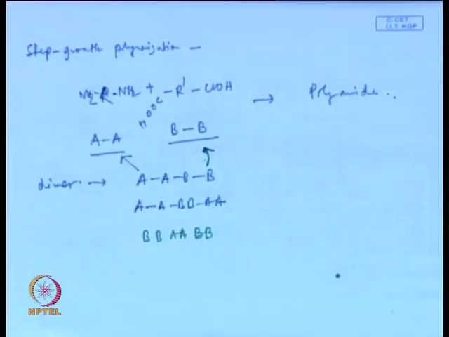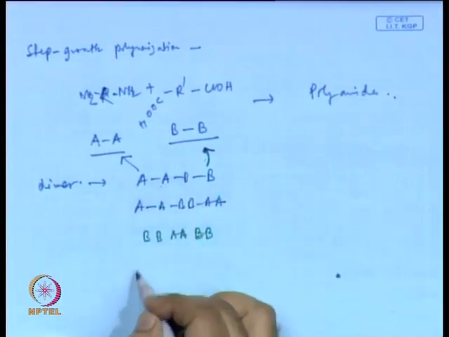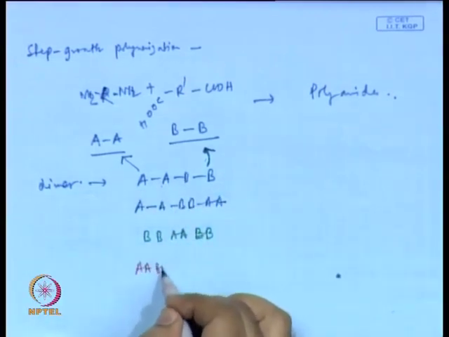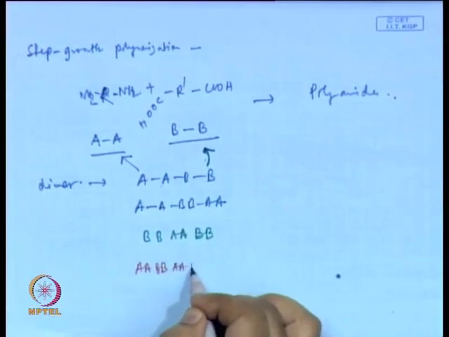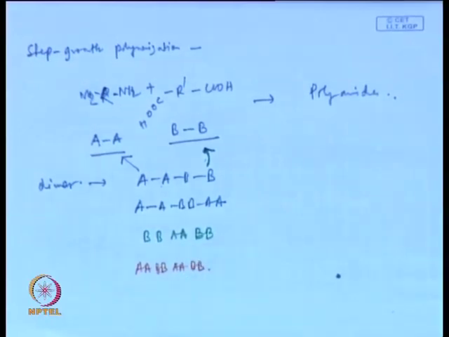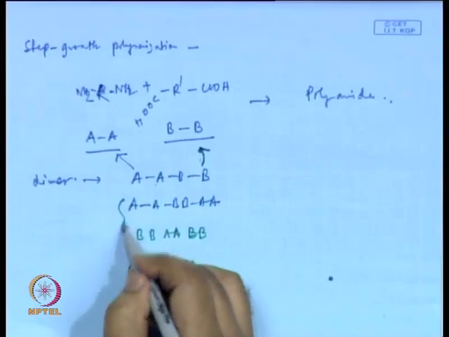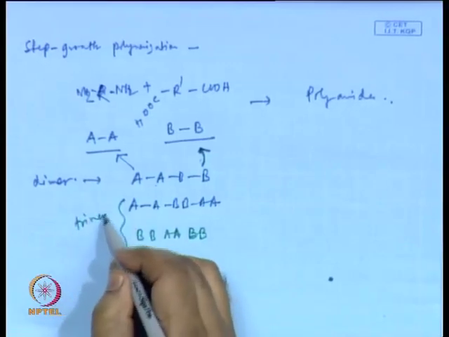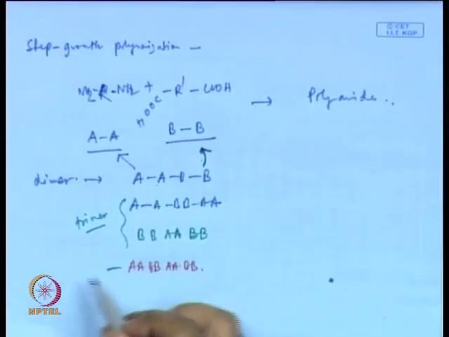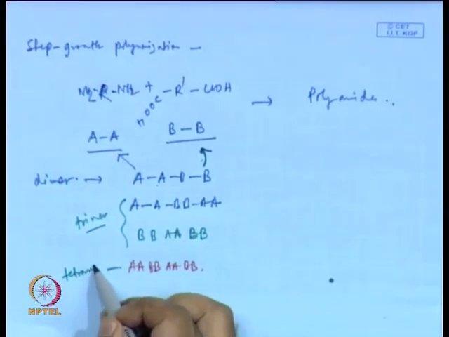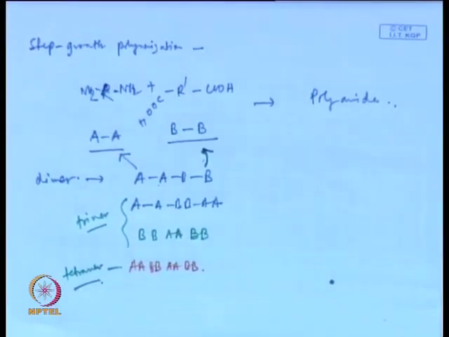Now, if it reacts with itself, then you get A, BB, A, BB. So, you form these trimers. This is a trimer, consisting of 3 monomer molecules, and this is a tetramer, consisting of 4 monomer units or structural units.